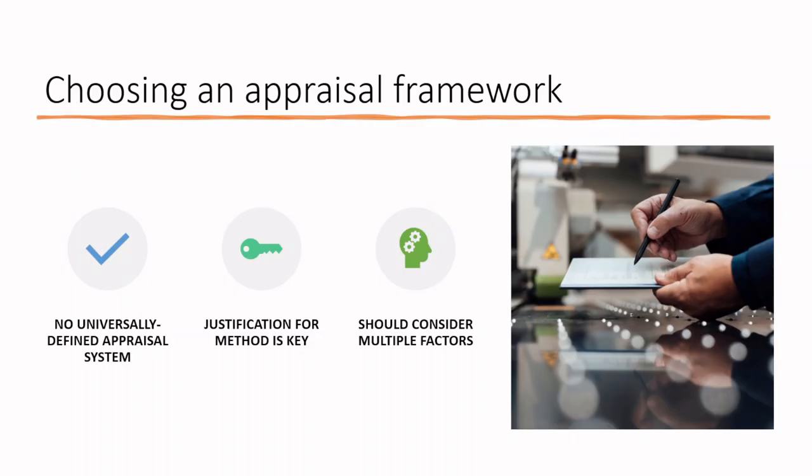But there is no universally defined appraisal system, and so the justification for the chosen method is key. You need to explain to the reviewer why you've chosen the method that you have and why you hold it to be appropriate. And ideally, appraisal should consider a range of factors that pertain to study quality and relevance. It shouldn't generally be just one factor or just 1 or 2 factors.